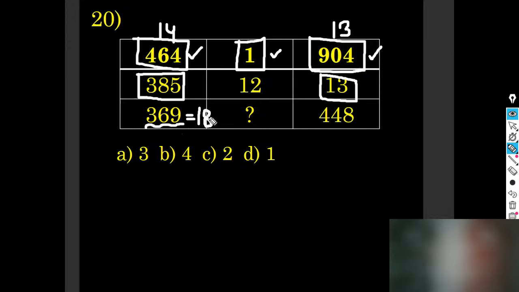Next, 4 plus 4 plus 8 gives us 16. 18 minus 16 gives us 2. Just subtract these two. So option C is the correct answer.